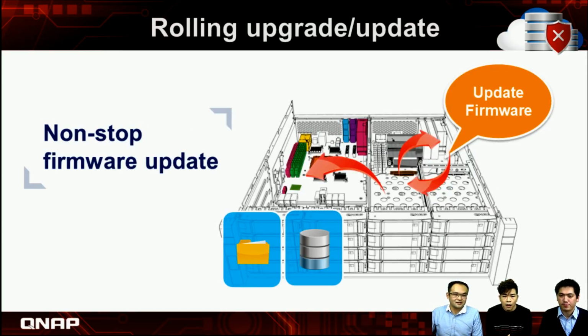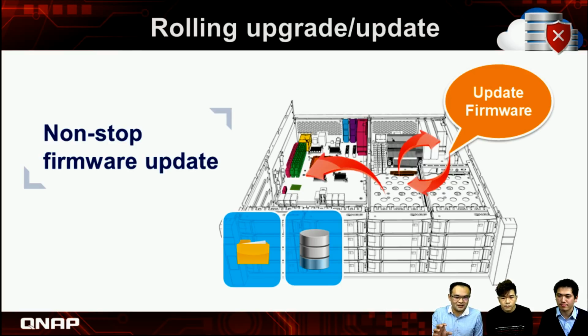And the upgrade. Yes, it's another problem IT staff usually encounter. They need to upgrade the firmware, but they need to restart the machine, which means they need to stop the service. For this product, we can provide you a way to upgrade the firmware without stopping the service. So how do we do it?